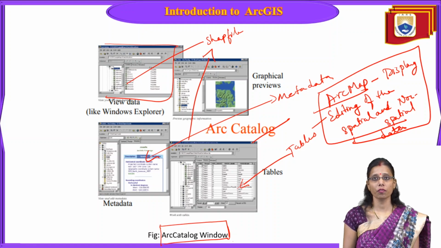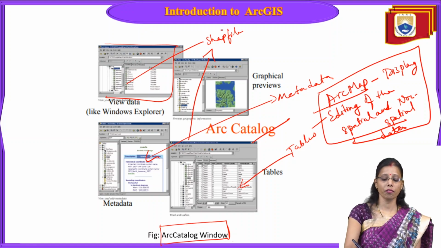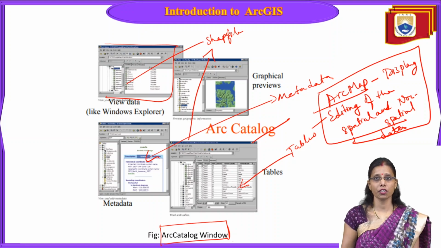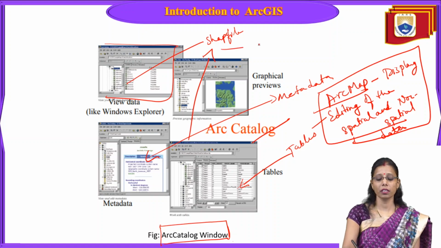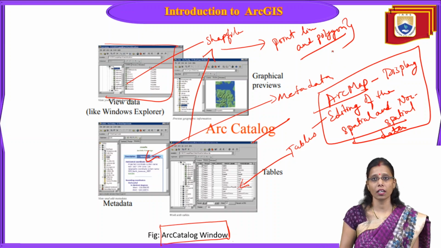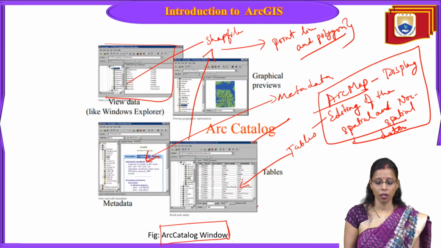ArcCatalog is for creation of the shapefile. What a shapefile is, we will learn in the coming lectures. Just remember, it is in the form of point, line and polygon. These are the 3 shapefile types created in the ArcCatalog, and metadata is also created in the ArcCatalog, and tables are also viewed in the ArcCatalog.